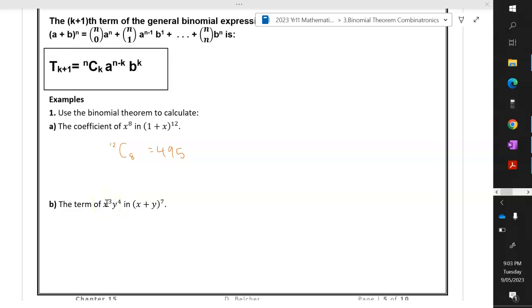So x has started at 7 and it's moved down to 3, and y started at 0 and gone up to 4. So we're looking at 7C4, x^3, y^4. So you're just going to pop that 7C4 into your calculator and you're going to end up with 35 x to the 3, y to the 4.